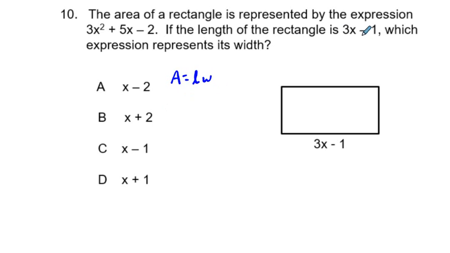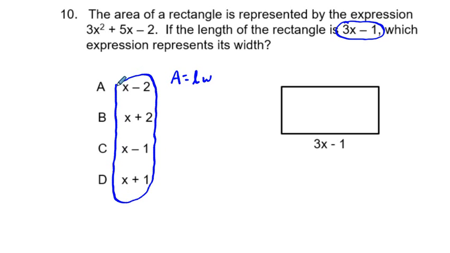And so that means if we take the length, which is fixed here, and we multiply it by which one of these that I've now circled here in the answer choices, times 3x minus 1 is going to equal the area here.